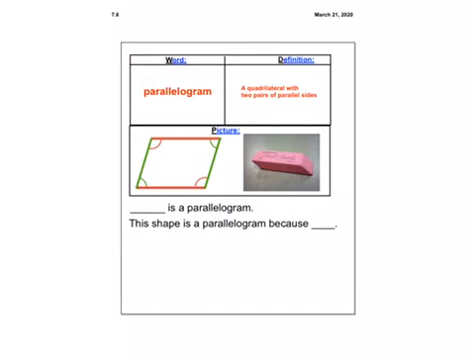So a parallelogram is a quadrilateral with 2 pairs of parallel lines. And then we have a picture, and you can see they showed an eraser. So we could say an eraser is a parallelogram. And this shape is a parallelogram because there are 2 pairs of parallel lines.